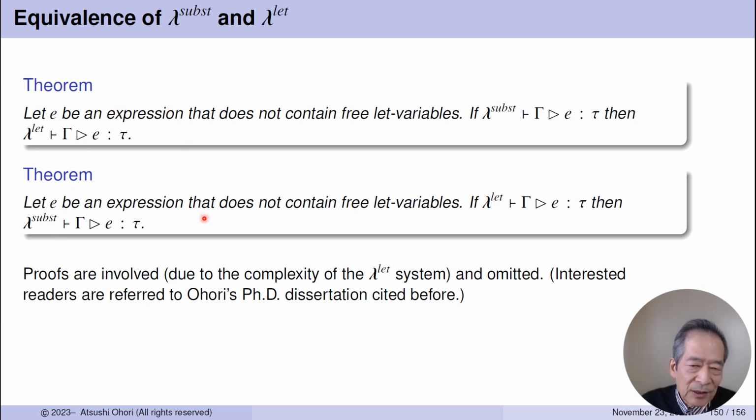The proof is again involved due to the complexity of this lambda let. The detailed proofs are therefore involved and omitted. The proof can be found in my PhD dissertation I cited in the previous slide.